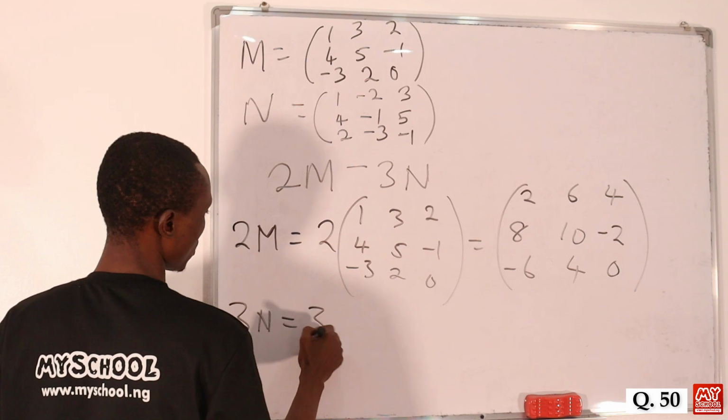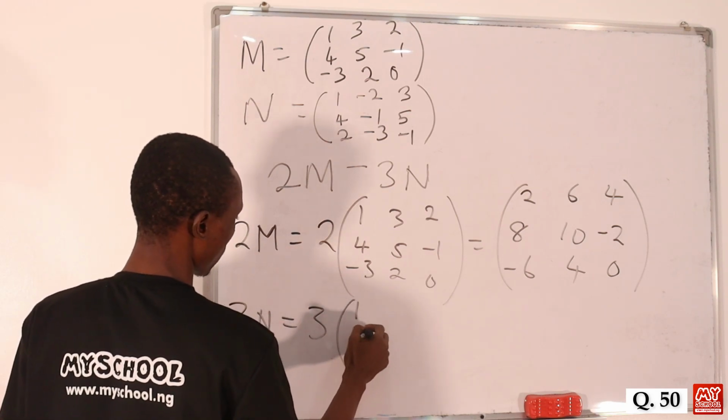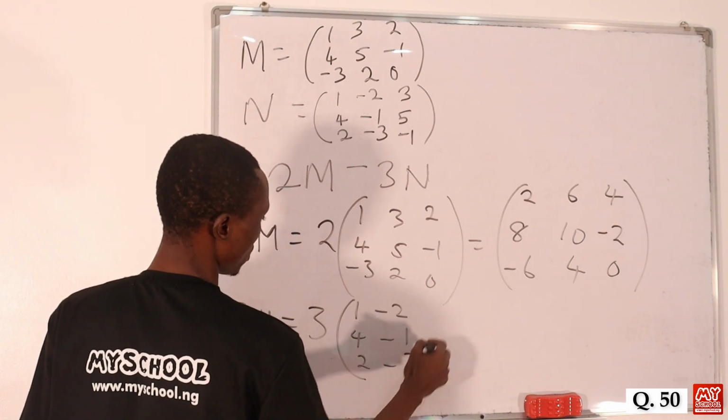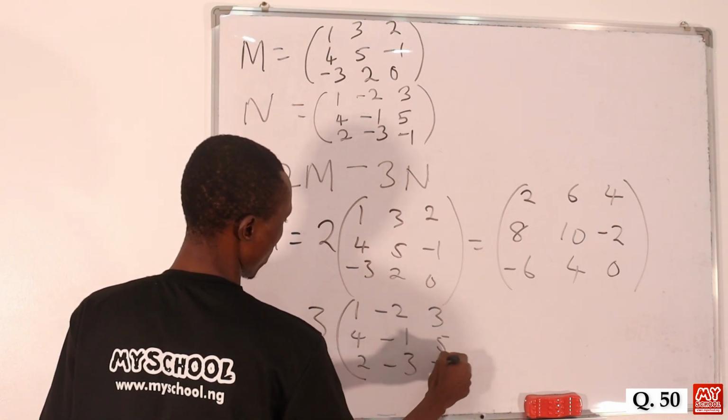Okay, that will be 3, then bracket 1, 4, 2, minus 2, minus 1, minus 3, 3, 5, minus 1.